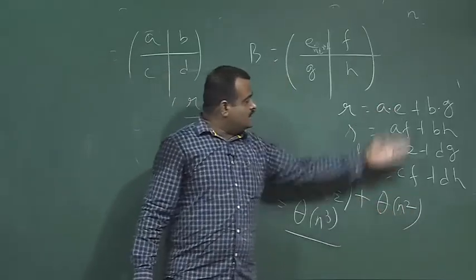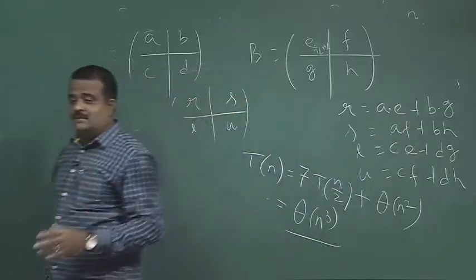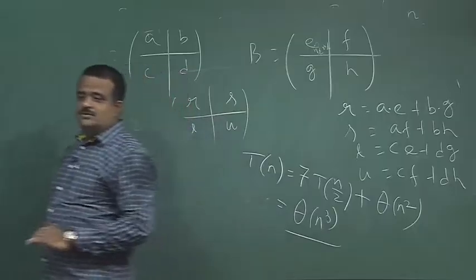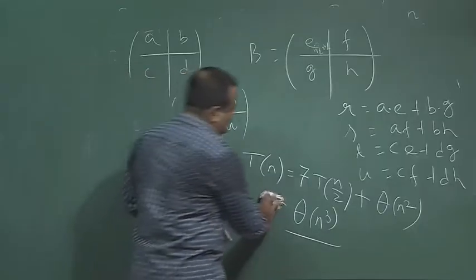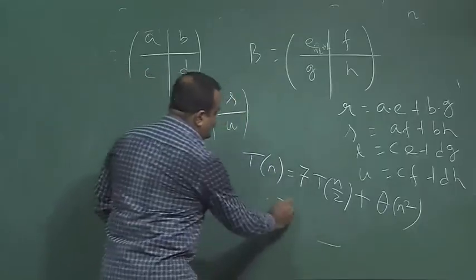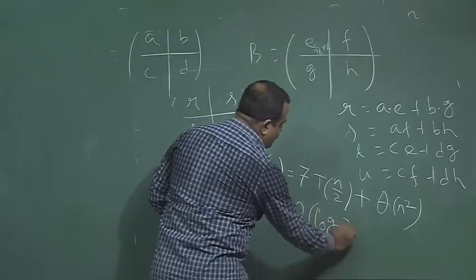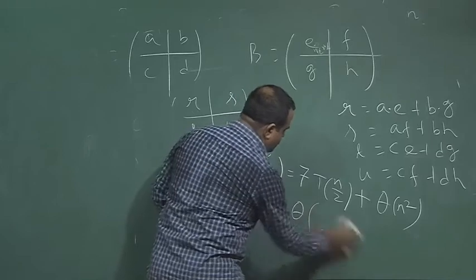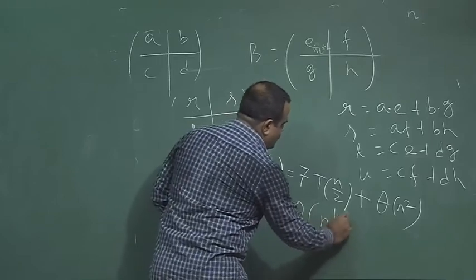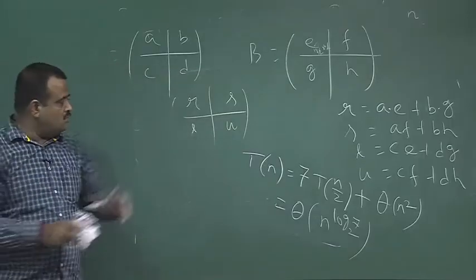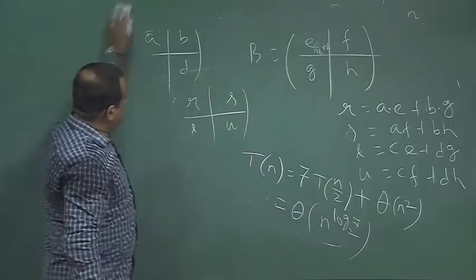Suppose instead of 4 additions we are doing 50 additions or 20 additions, that will still come under theta of n square. In that case the time complexity will be reduced to n to the power log of 7 base 2, which is better than n cube.